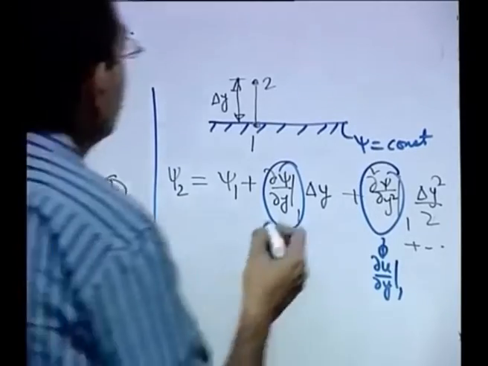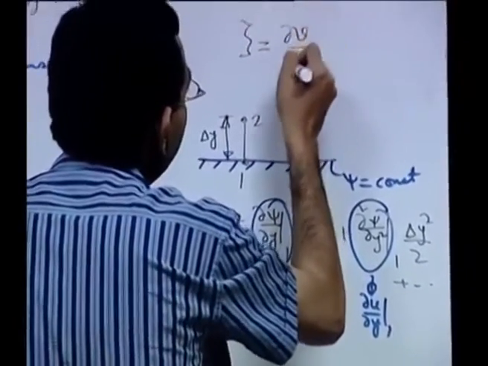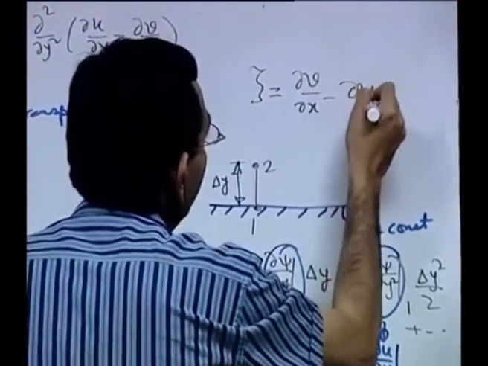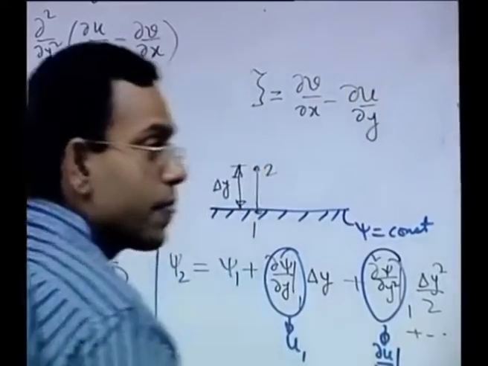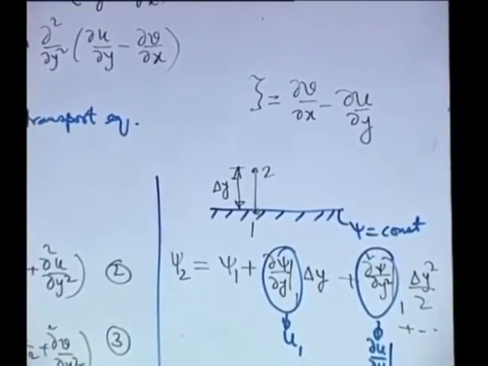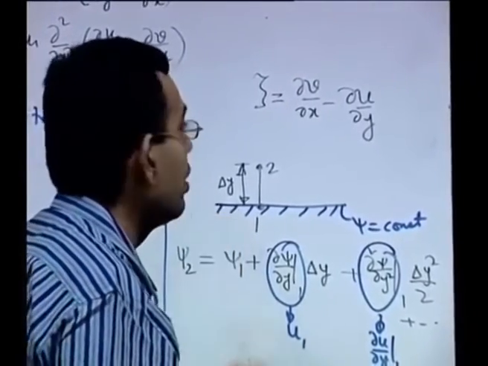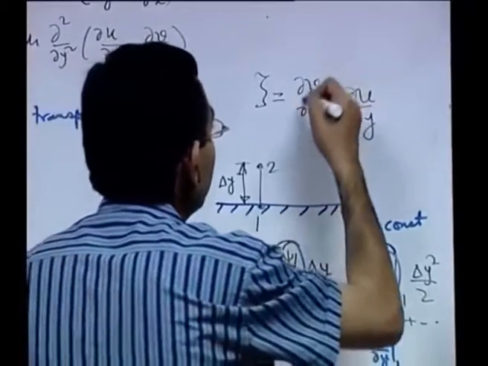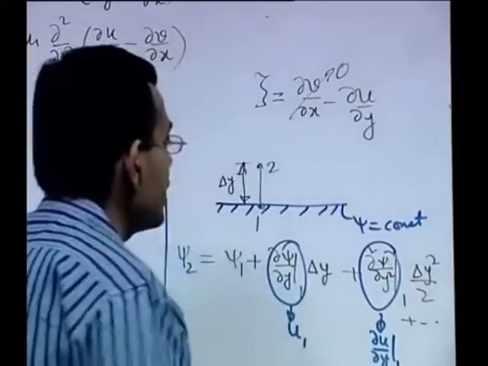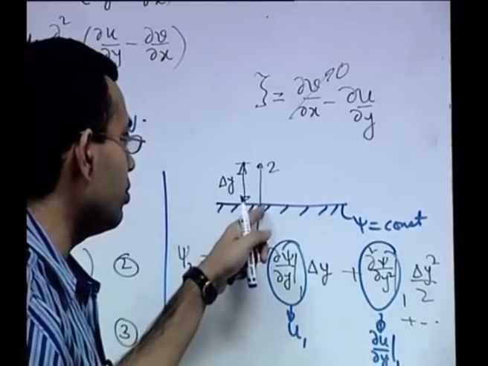Remember that we have defined zeta as del v del x minus del u del y. What is the value of v at 1? 0. So you do not have any del v del x because v is constant along x at 1.